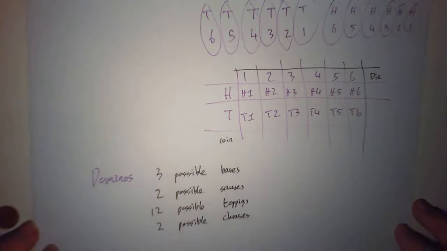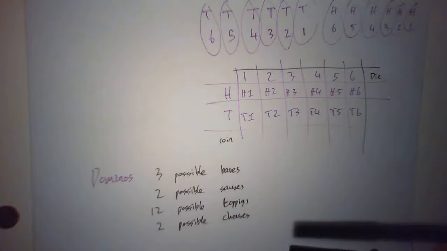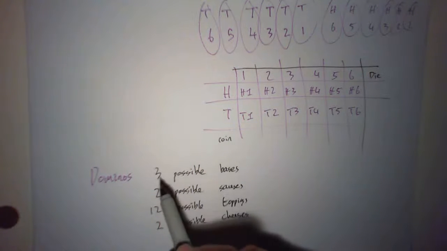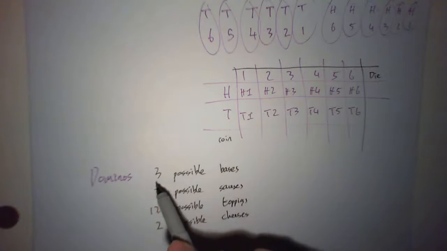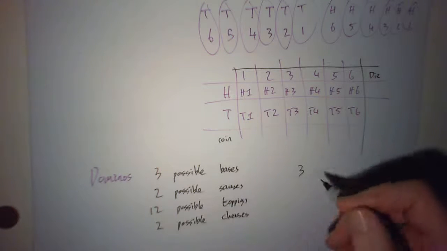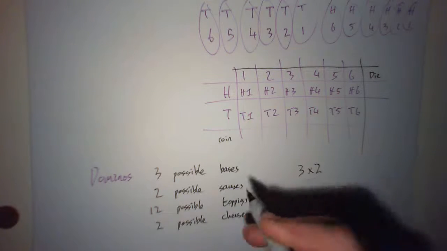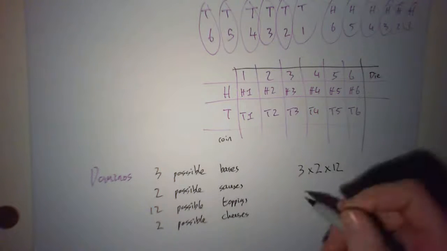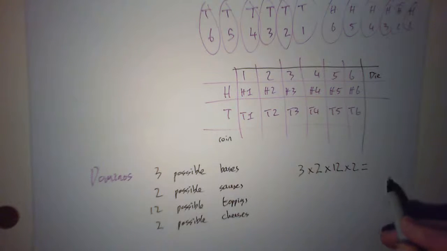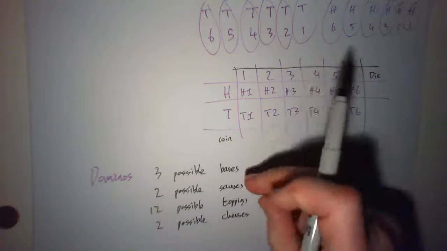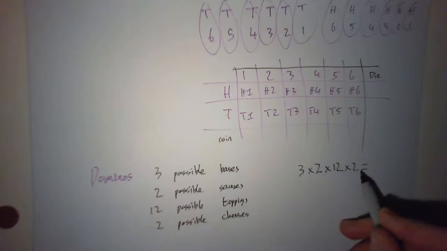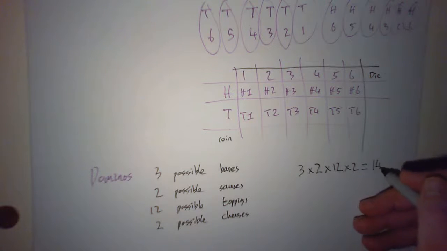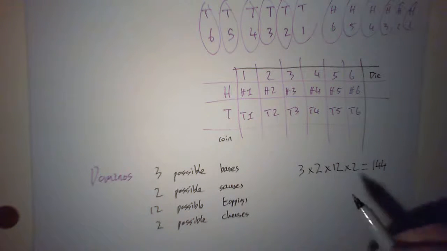So, how many different pizzas could I make? Well, what the fundamental principle of counting says is if you have some event, and you know the number of possible outcomes, multiplied by another event with its possible outcomes, multiplied by another one, multiplied by another one, then the total possible outcomes for all those things, if you have to pick one from each, is actually going to be 3 times 2 is 6, times 2 is 12, times 12 is 144 different types of pizza you could pick.